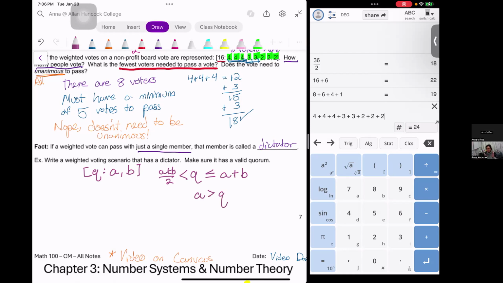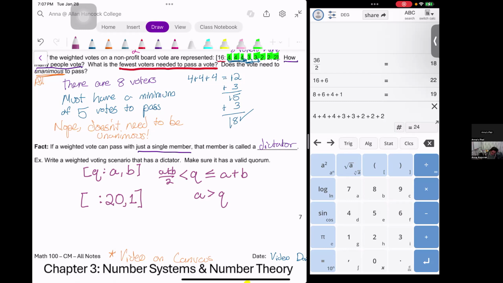Okay, now you don't need to write all this notation right here, but it might be helpful. What I'm going to do is I'm going to set my quorum after I set my A. I'm going to make my A really big. Okay, I'm going to say my A is worth 20. Okay, and I'm going to set my B pretty small. We can set it at 1 or 2. I'm actually going to set it at 1.